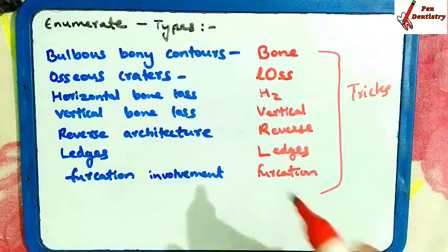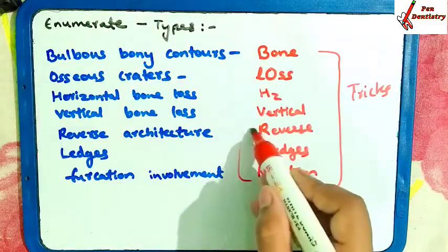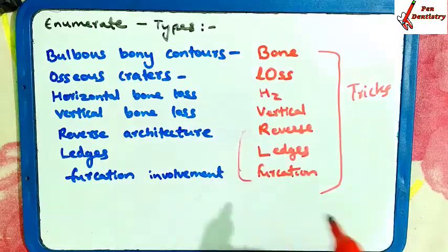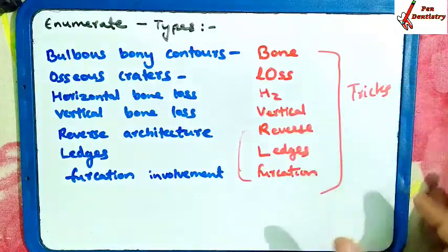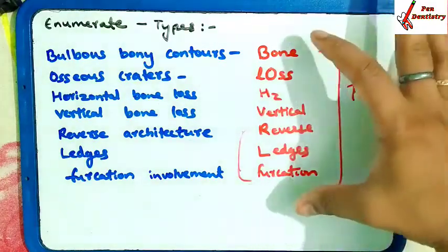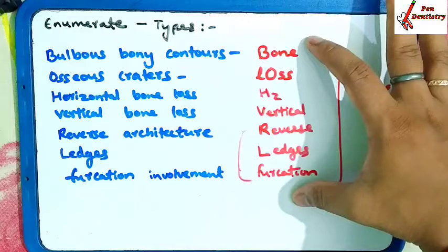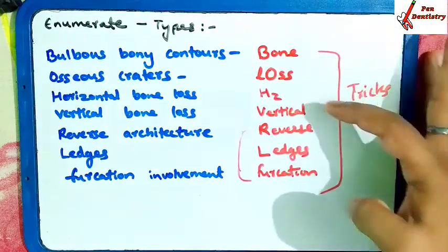You have to learn this in a single sentence. This is the mnemonic: bone loss taking place, horizontal, vertical, reverse ledge, furcation.